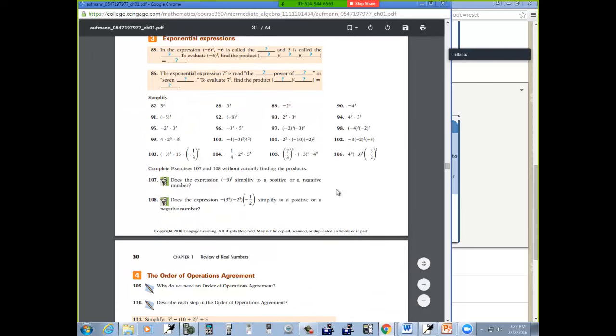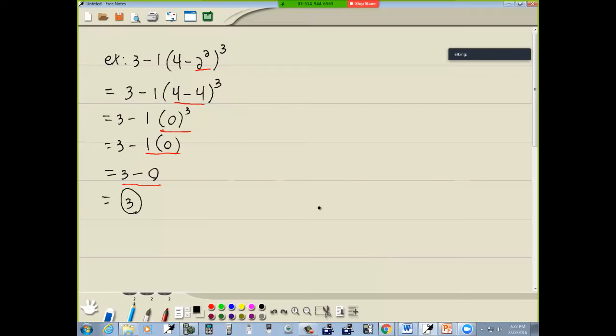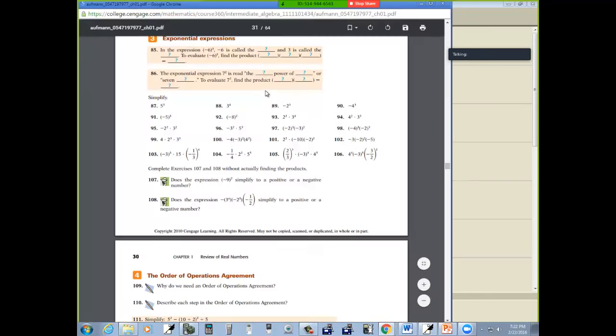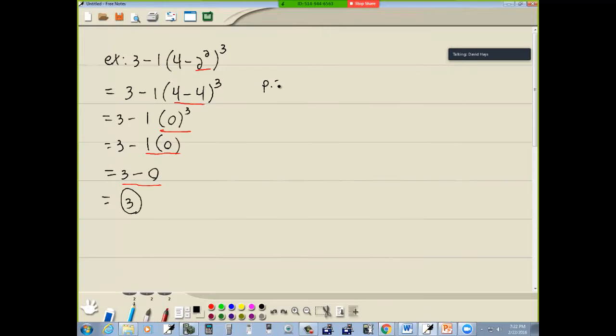We haven't talked about fractions yet, so let me look at 102. This is on page 29.